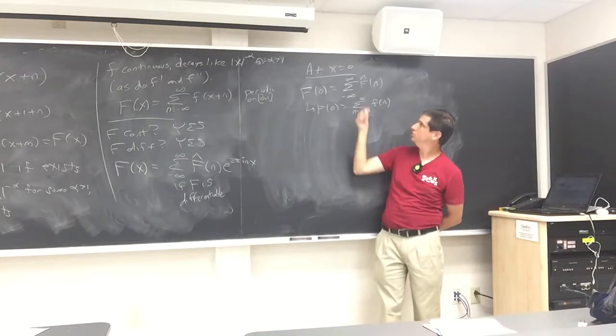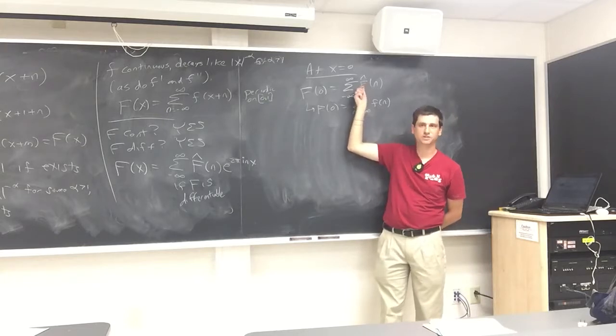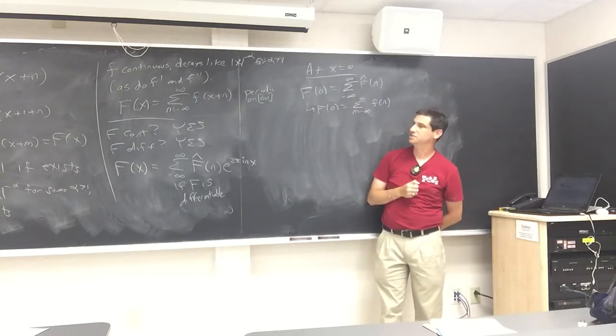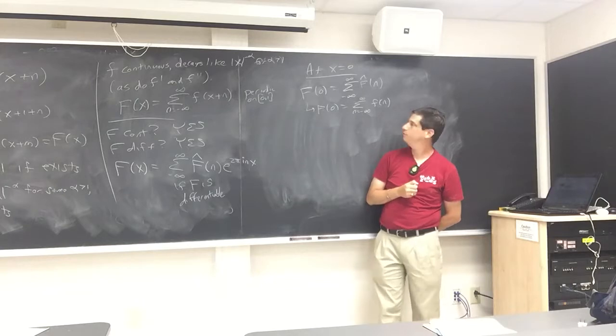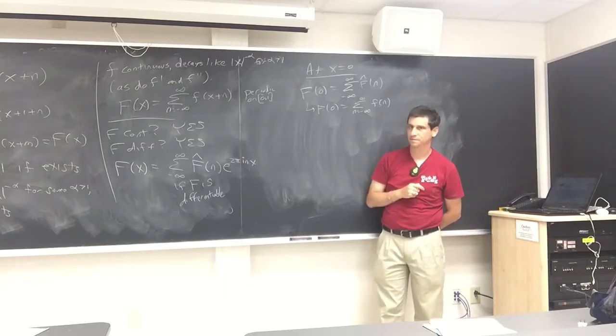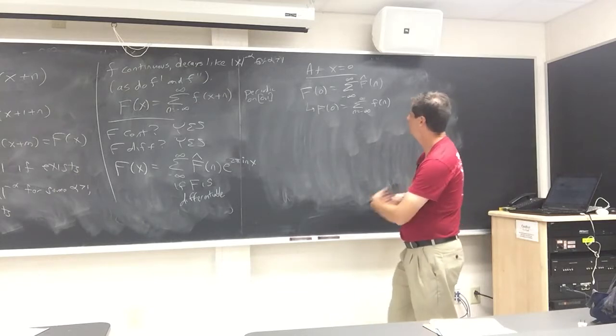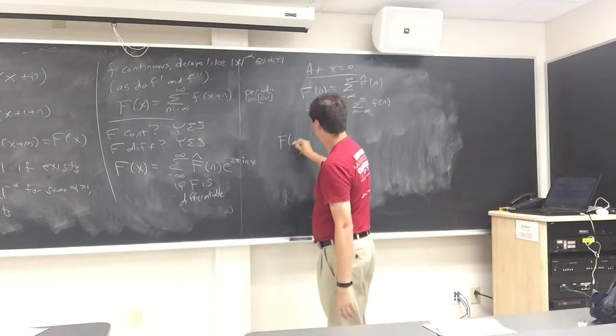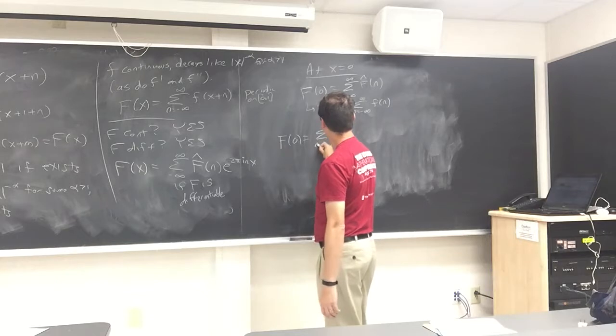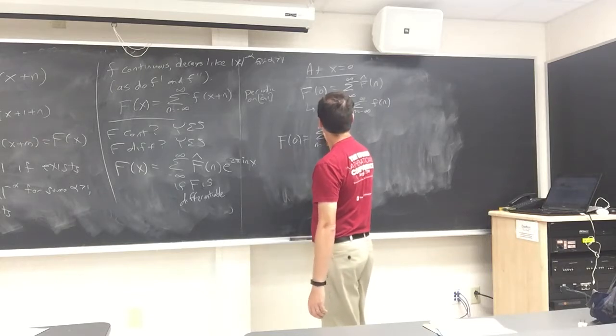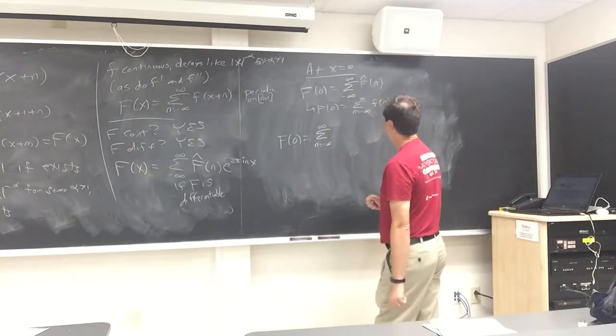So all we have to do is show that this sum over here is basically the sum of the Fourier transform of little f. Okay, so let's see what we have now. So we have f of 0 is the sum, and goes from minus infinity to infinity, of f hat of n.